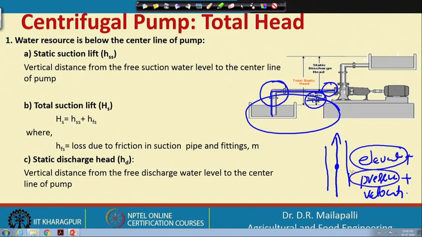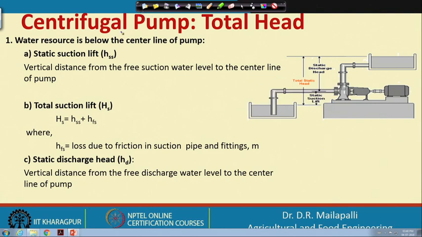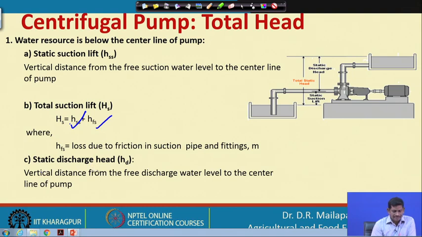The pressure head is due to the friction and other things, and then the velocity head. These three heads we need to consider here. So, the total suction lift will be the static suction lift plus friction head. Similarly, the total discharge head will be the static discharge head plus the friction head.